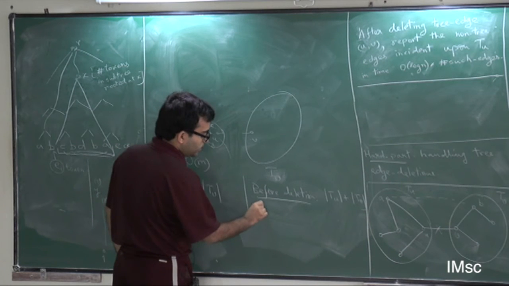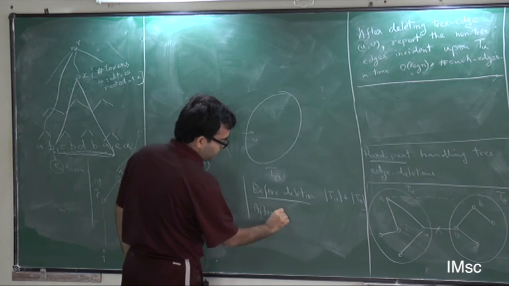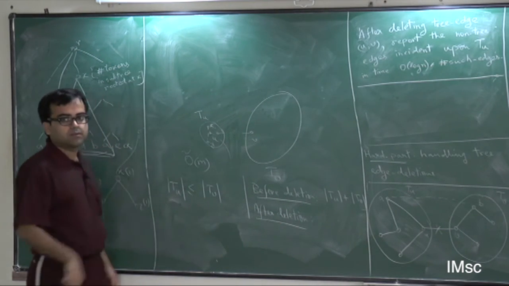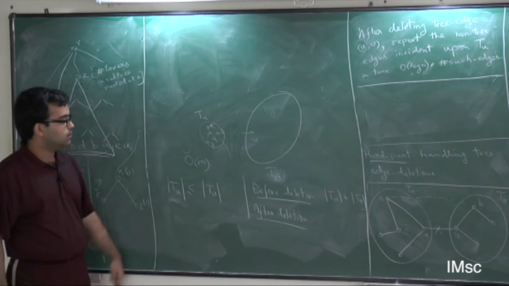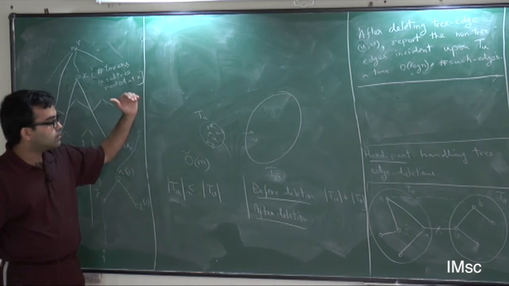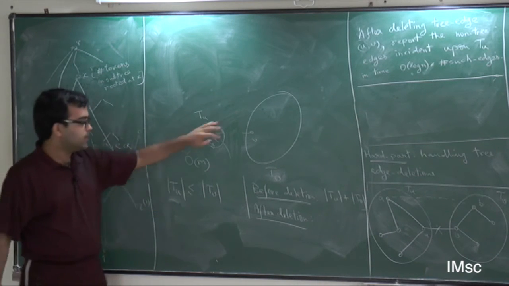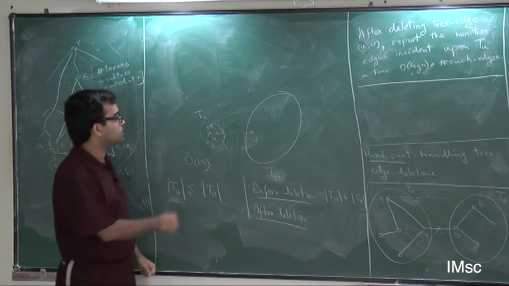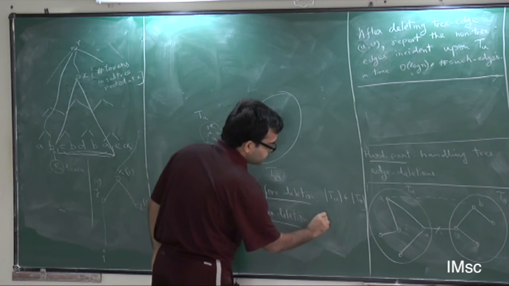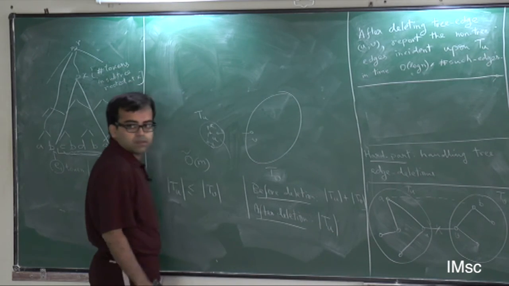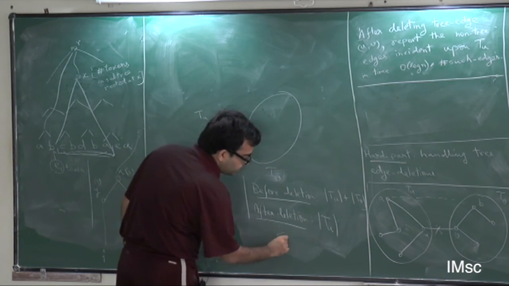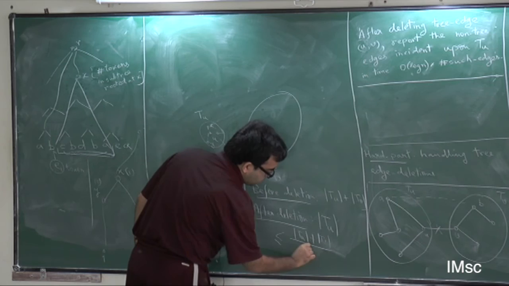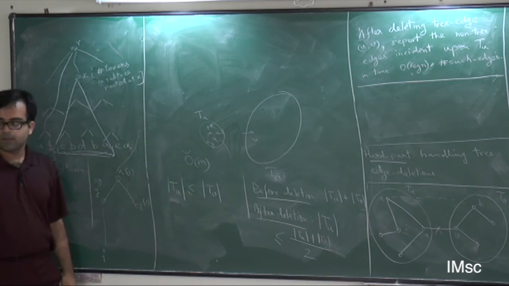Now, after deletion, you did all this work going through all these non-tree edges, but in the end you were not successful in merging these two trees. But then after deletion, what is the size of the component that x belongs to? It is T_u. And by definition, this is at most half.